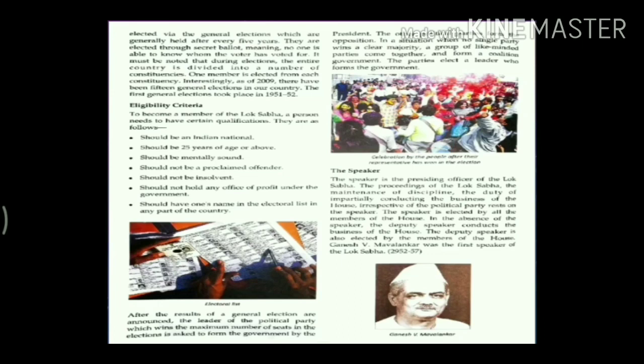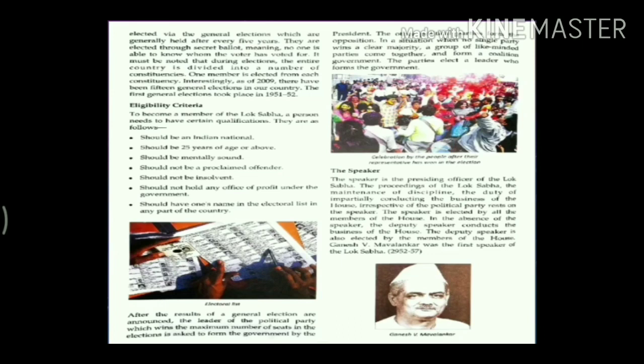In a situation when no single party wins a clear majority, a group of like-minded parties come together and form a coalition government. So what do we mean by coalition government? Suppose the members are not concentrated in one particular party. As I told you, when a majority is there, that party is going to rule or govern.